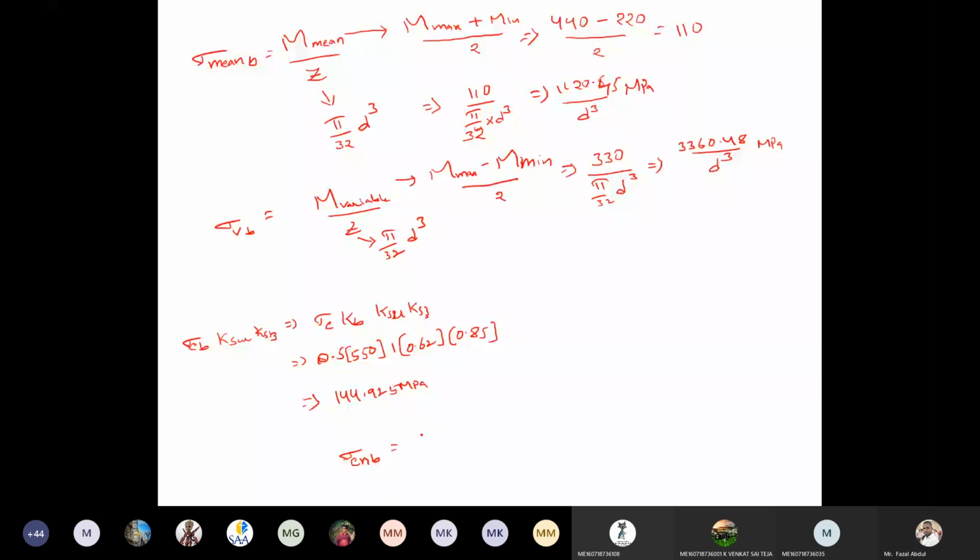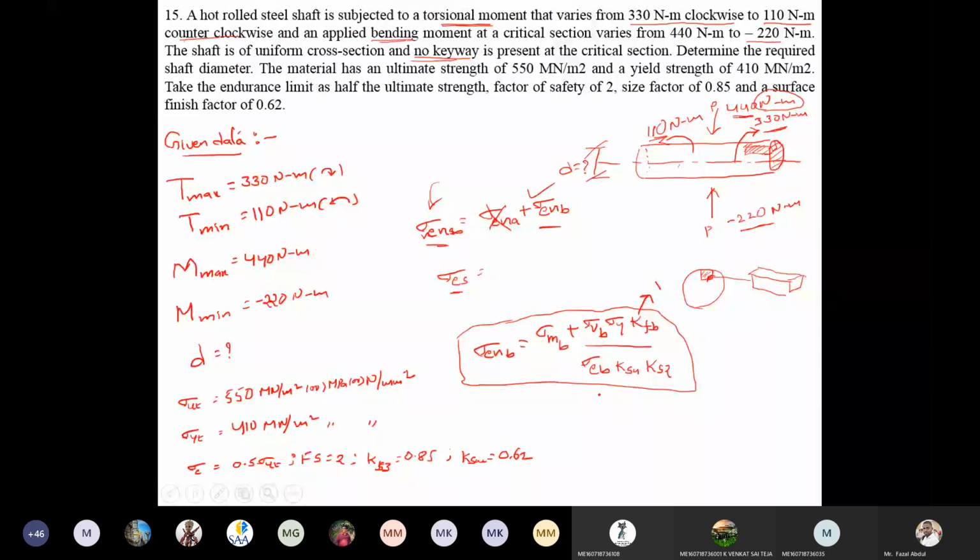1120.45 less mean variable. How much did we get? Divided by dq. And this one, 3360.48 by dq into yield strength. How much is given in the question? Yield strength is 410.